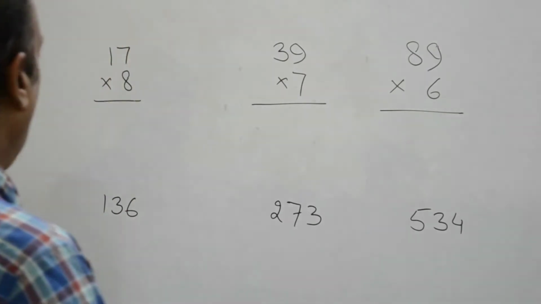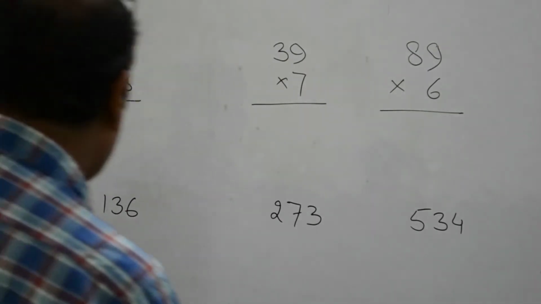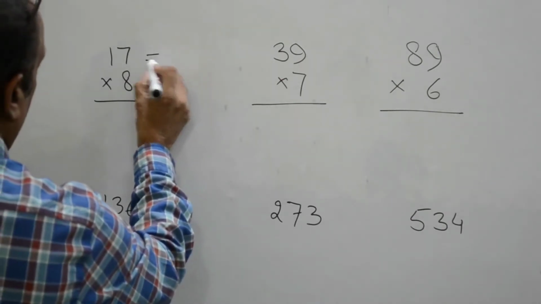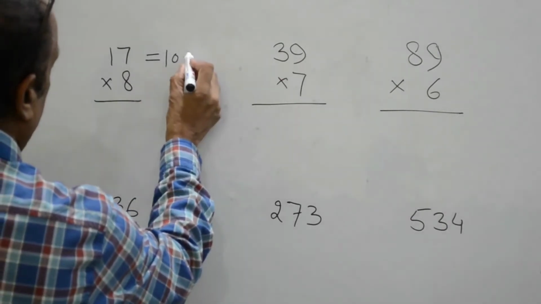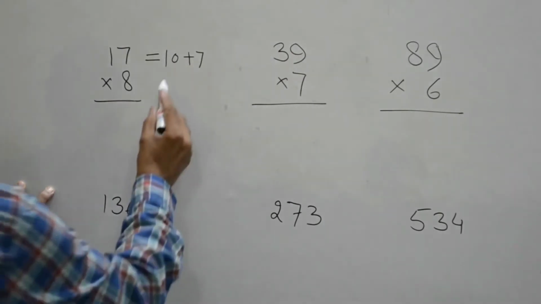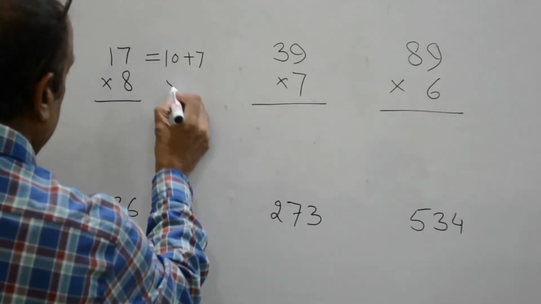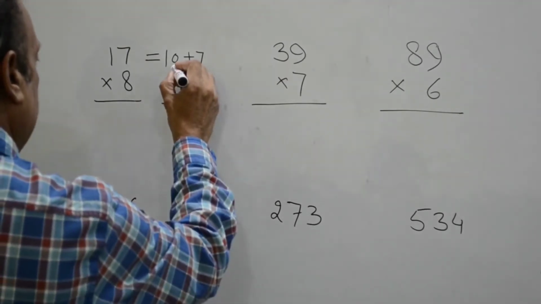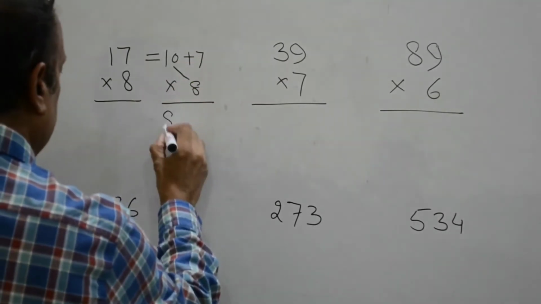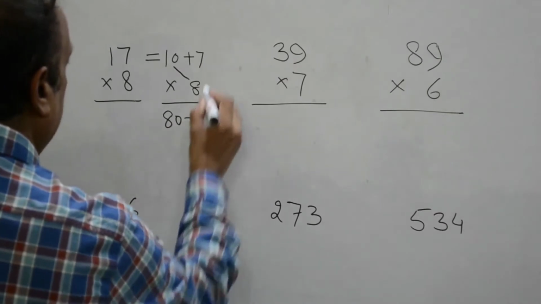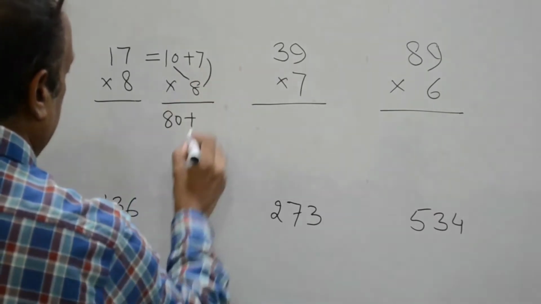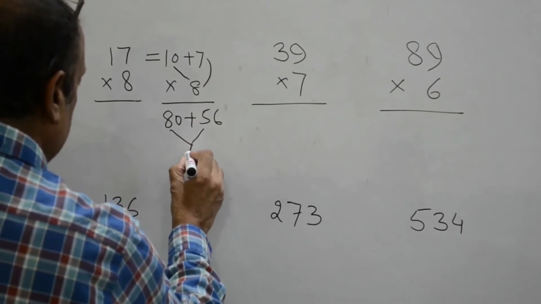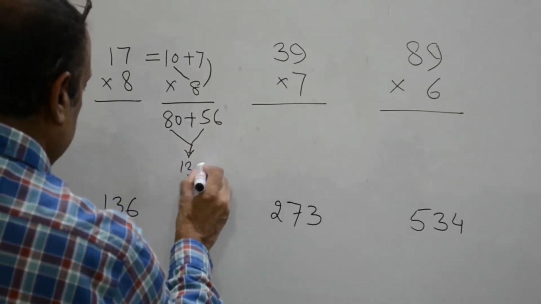Let us see how we can do that. 17 is equal to 10 plus 7. We are going to multiply this by 8. So multiply 10 by 8, it is 80. Multiply 7 by 8, it is 56. And when we add them up, it is 136.